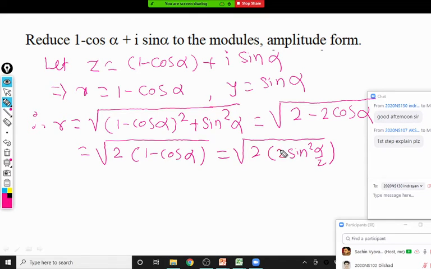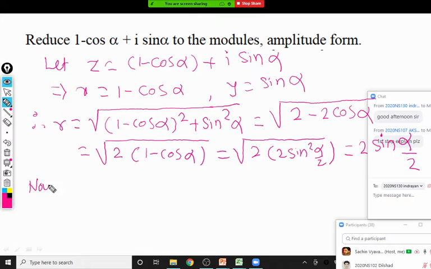So we are left with only 2 sine alpha by 2, which is the value for modulus r, the magnitude of that complex number. The trigonometric identity we used is 1 minus cos 2 theta equals 2 sine square theta. That's one. Now let me find theta.